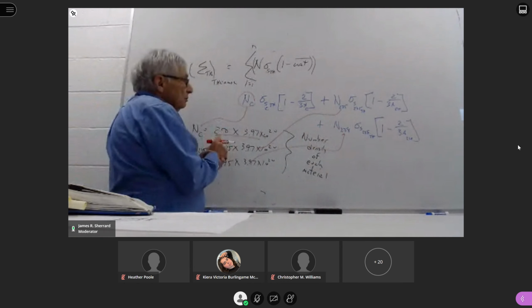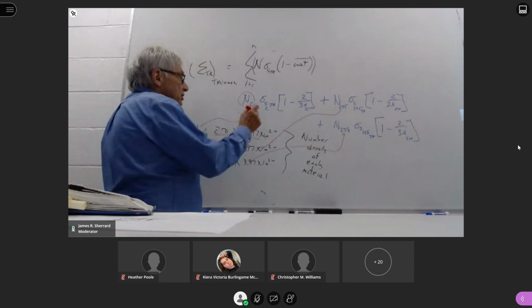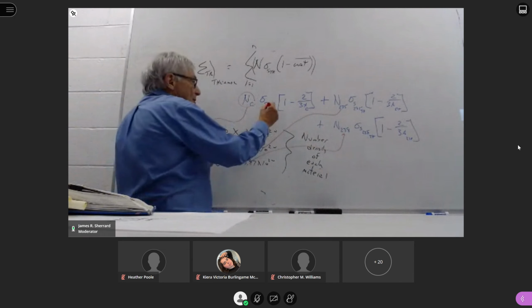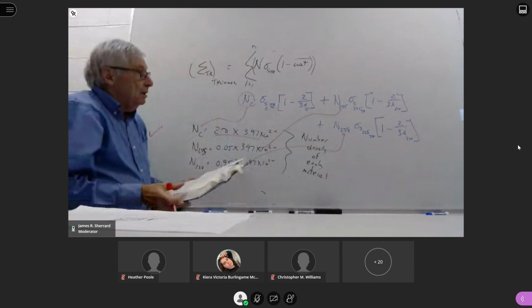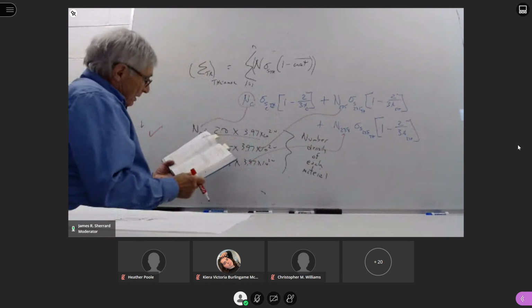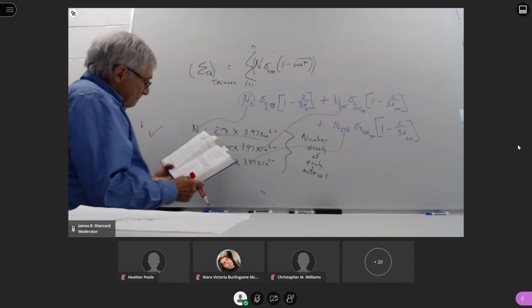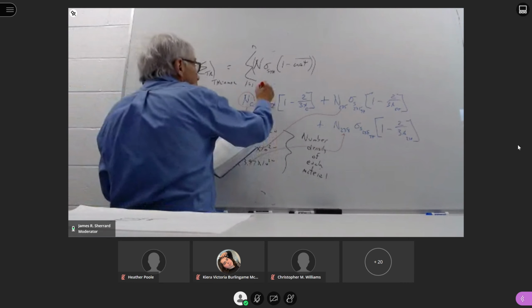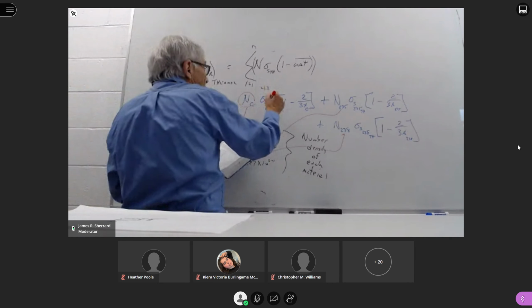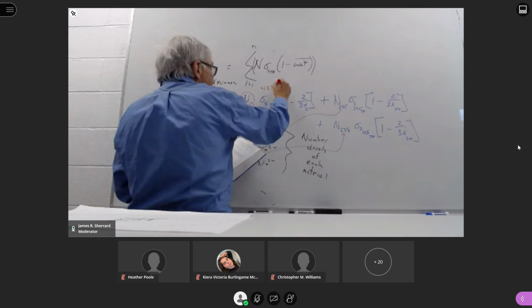You're going to get your microscopic cross-section for each of the materials. Remember, it's thermal from the back of the textbook in table A, and that value comes out to be 4.8 barns.